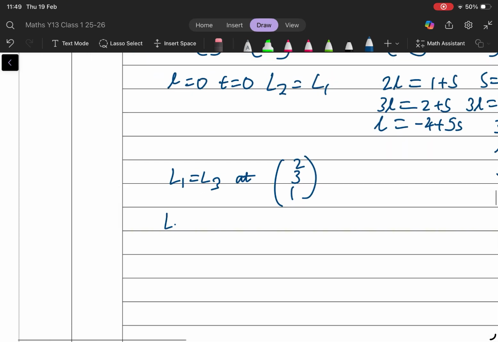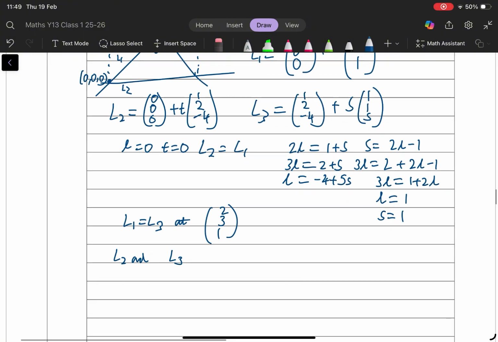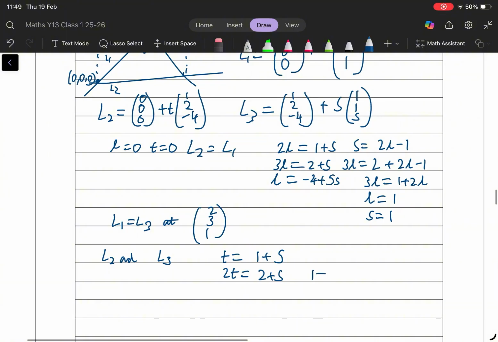So then L1, L2 and L3 will be, so we have t is equal to 1 plus s, and then we would have 2t is equal to 2 plus s, so then we would have 2 plus 2s is equal to 2 plus s, so then s is equal to 0?